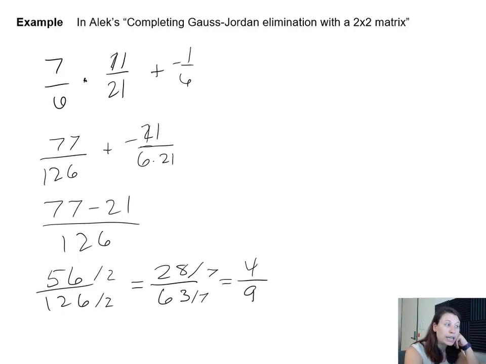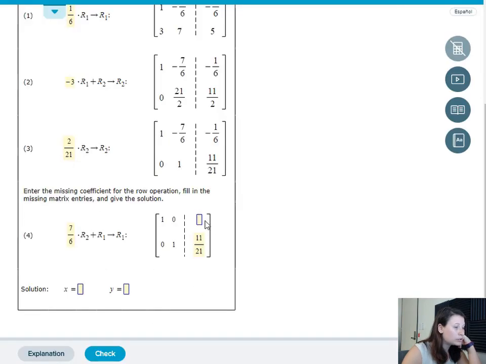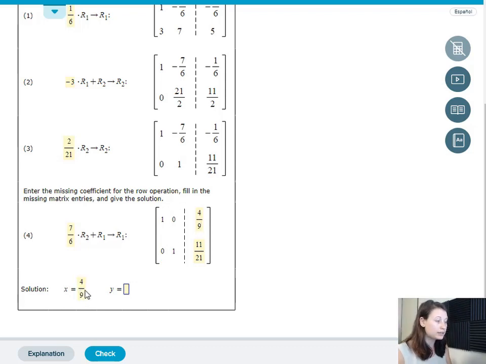So that's 4/9 then. So that should be our new solution right here, 4/9. So our solutions, the top one is x, because this is the x column and this is the y column, right? So x is 4/9 and y is 11 over 21. Okay, so that's that example.